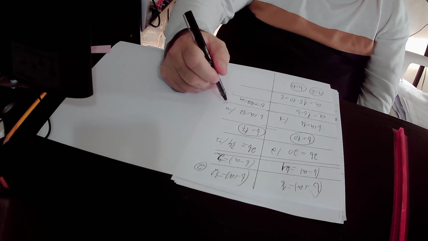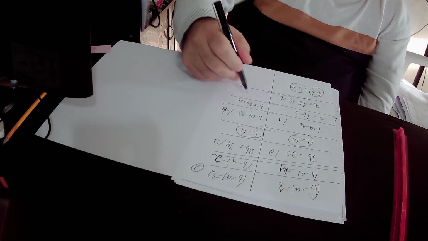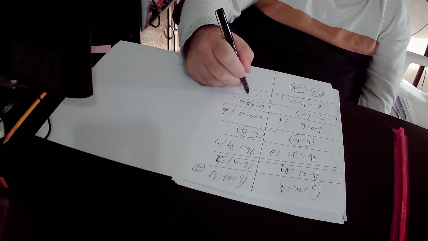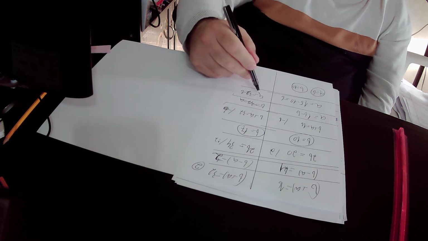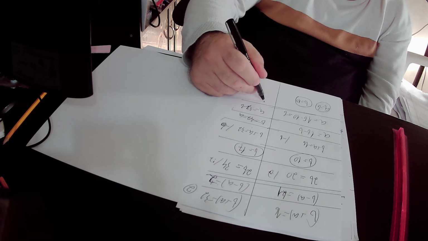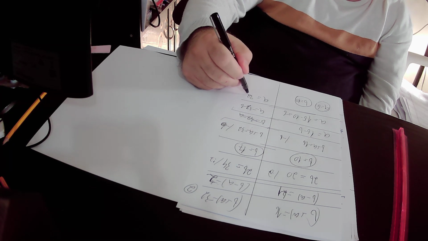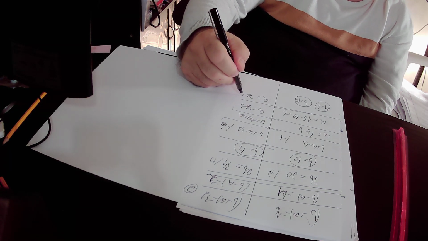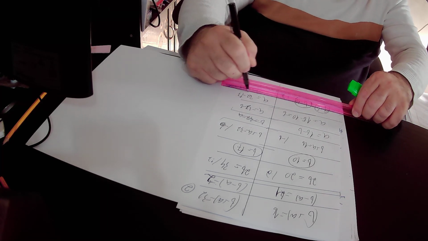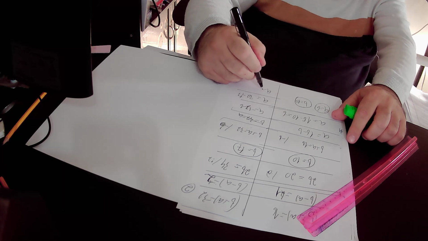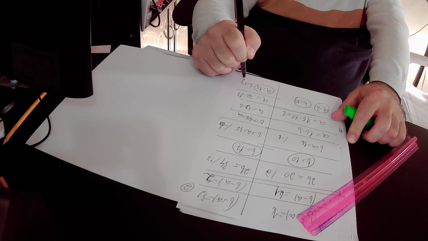We subtract B from this equation and we get that A equals 32 minus B. But we already found out that B equals 17 units, so we substitute B by 17 and we get that A equals 32 minus 17. 32 minus 17 is 15, so A equals 15 units and the hypotenuse B equals 17 units.